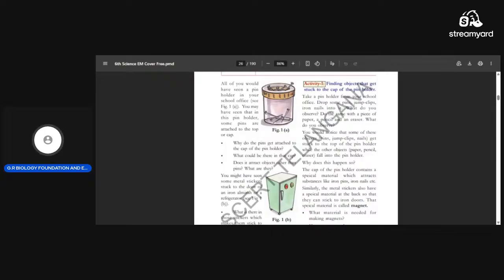So there are some questions. Based on that, we are going to find the answers. Why do the pins get attached to the cap of the pin holder?